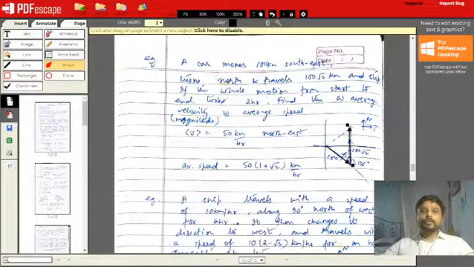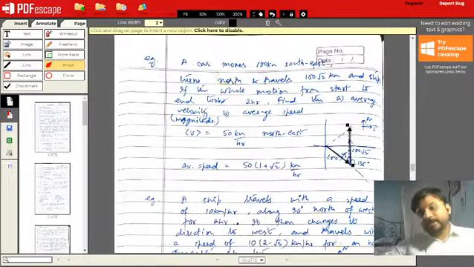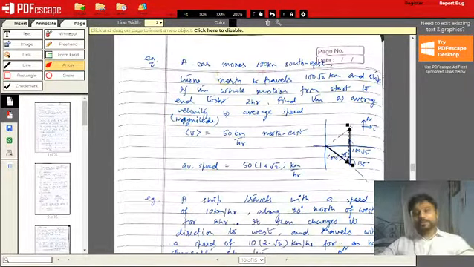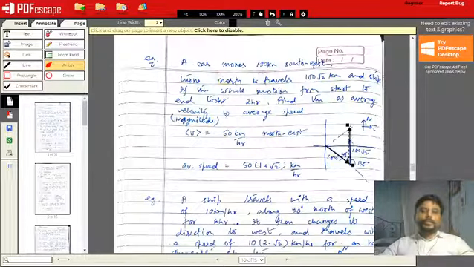So to do that, it is important in some scenarios to understand what is the angle between two vectors. Like in this case, we have 100√2 and 100, these two vectors. So, what is the angle between the two vectors?